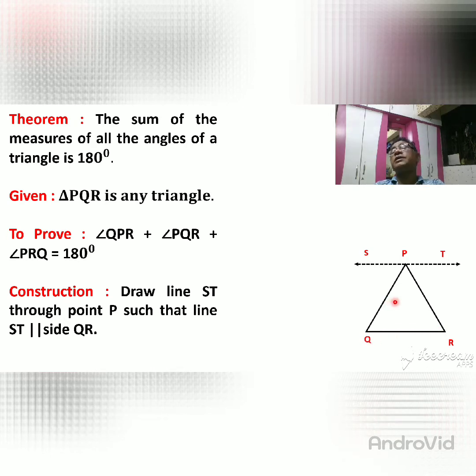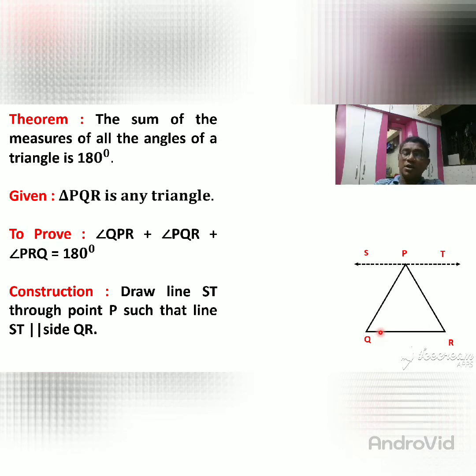One question comes to my mind: why do we draw the parallel line? Because if ST is parallel to segment QR, then PQ is the transversal. Due to the transversal PQ, this P angle and this Q angle are alternate angles of each other, and alternate angles are always congruent.